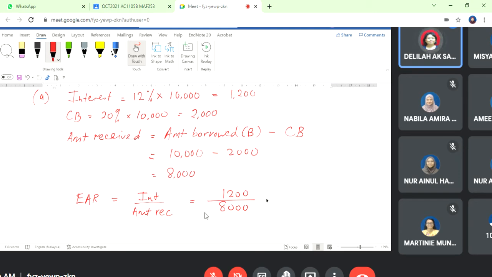Interest 1,200. So we calculate, everything in percentage. Now how many percent? 15. Semua dapat 15? Dapat, madam. So that is your effective cost of borrowing, 15%. It's quite high, because you receive less.